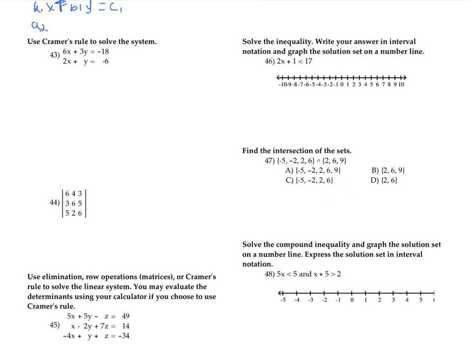Then a2 times x plus b2 times y equals c2. That helps us figure out what the A's, the B's, and the C's are, and then we plug those in. C1, C2, B1, B2 on top, and then A1, A2, B1, B2.